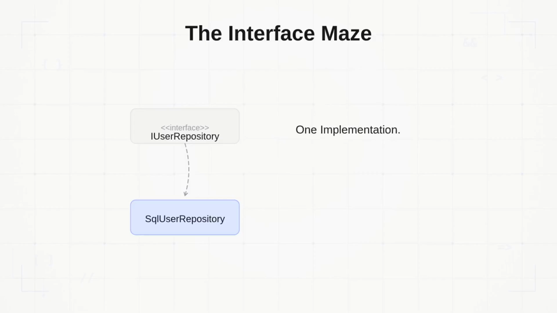You land on a sterile interface definition. You have to click again to find the actual implementation. This friction adds up. You're navigating a maze of abstractions just to find out how a user is saved. We've introduced cognitive load for the sake of purity, making the codebase harder for new developers to explore and understand.